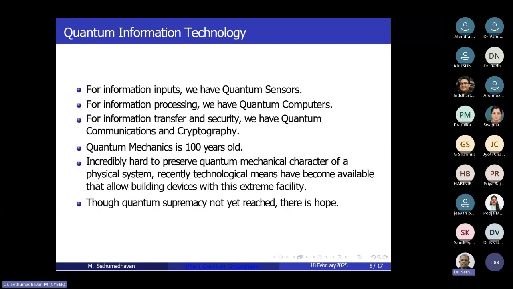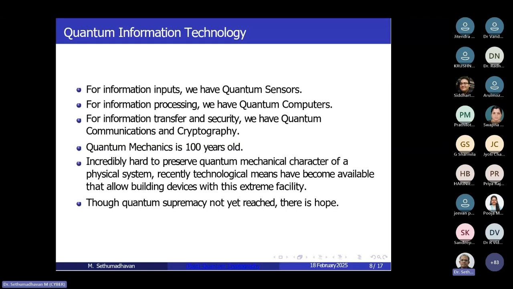If you look at recent NVIDIA and computation facilities, even they are far better. So as of now, quantum supremacy has not been reached. But there is a hope that quantum supremacy will come. When, we don't know.